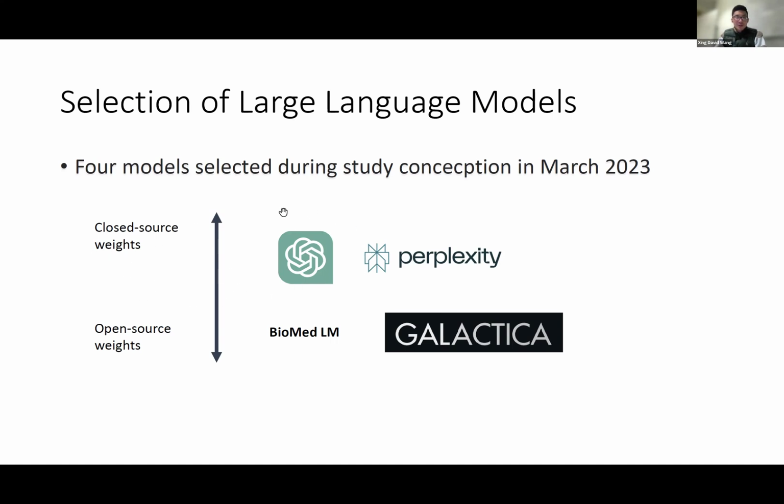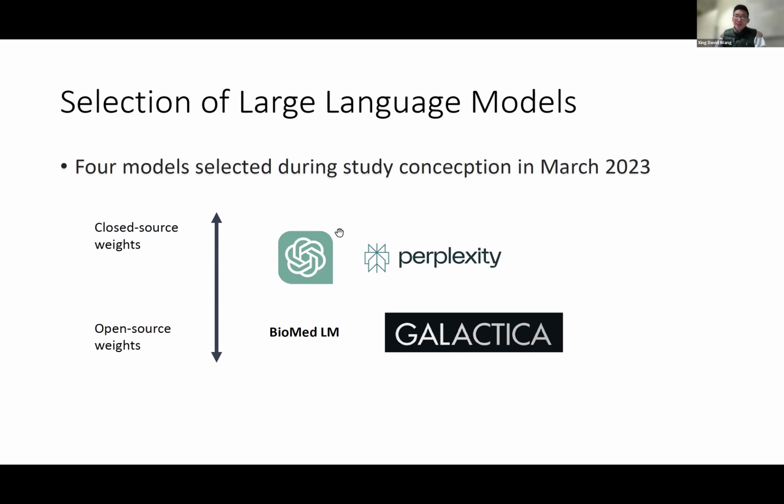So first, we chose ChatGPT as one of the most well-known models, and Perplexity AI, which is similar to ChatGPT, but it also adds a search engine on top of it, so it can better refer to literature references. Both these models are closed source.